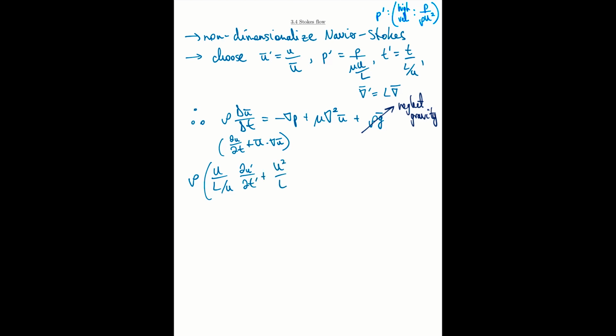Want to make sure and include enough steps so we can all follow where we're going with this. So all the primes there are the dimensionless versions of these variables. Okay, so that's all subbed in. Then we rearrange and we multiply everything through.